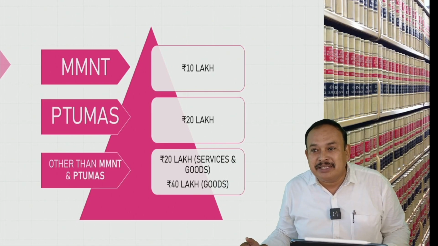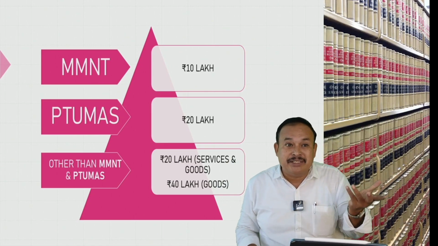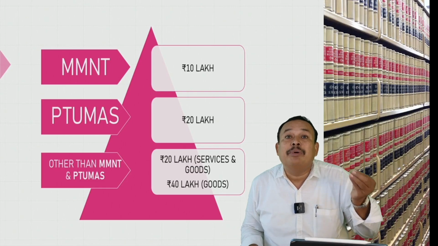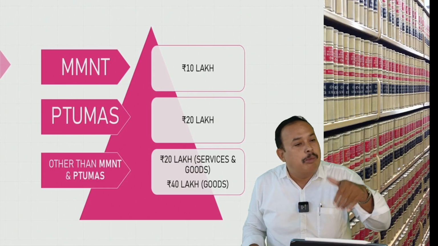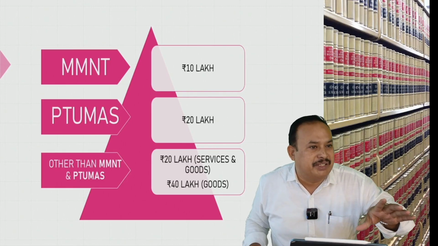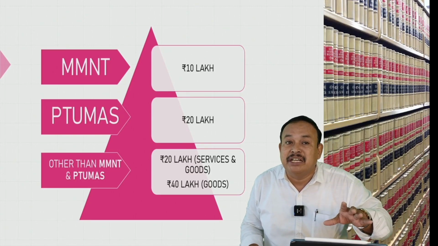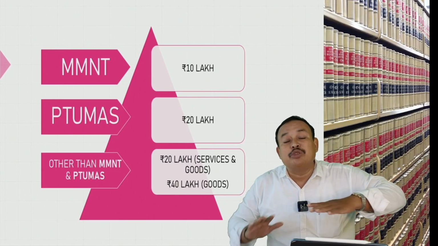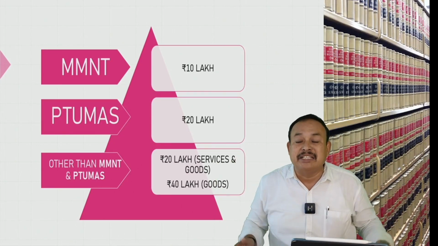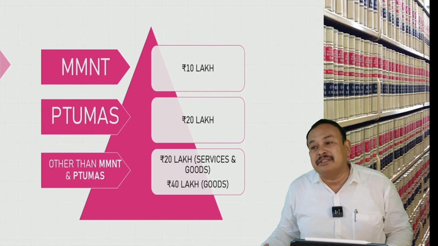How much, my dear friends? 40 lakhs. For whom? For the supplier of goods, who may be a trader or a manufacturer. For him, the turnover limit in a financial year is 40 lakhs, up to which no registration. Beyond 40 lakhs in a financial year, go for registration.